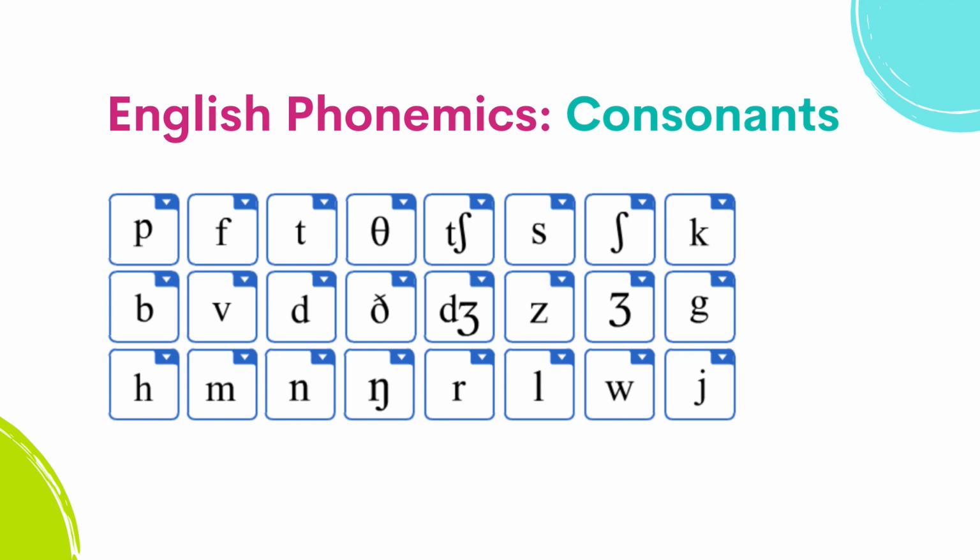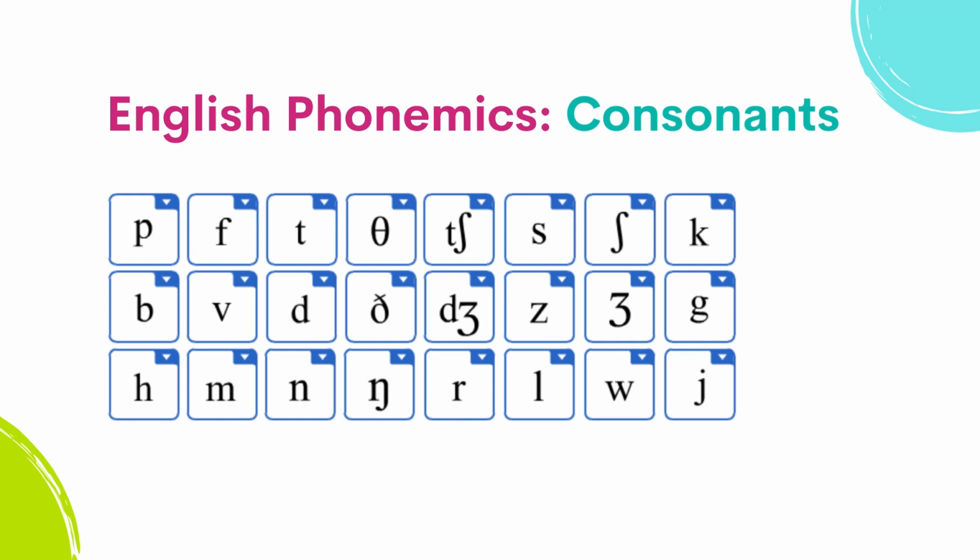The consonants are not read like the letters P, F, T. It is not read that way. Instead of reading the letter, we read the sounds. This one is not "pee" but the sound P, because we are going to use the phonemic symbols in producing a word.